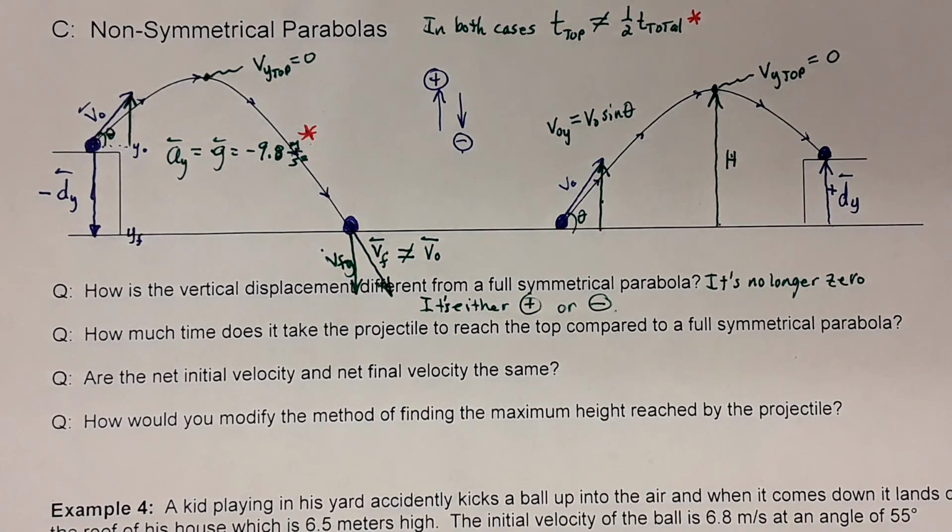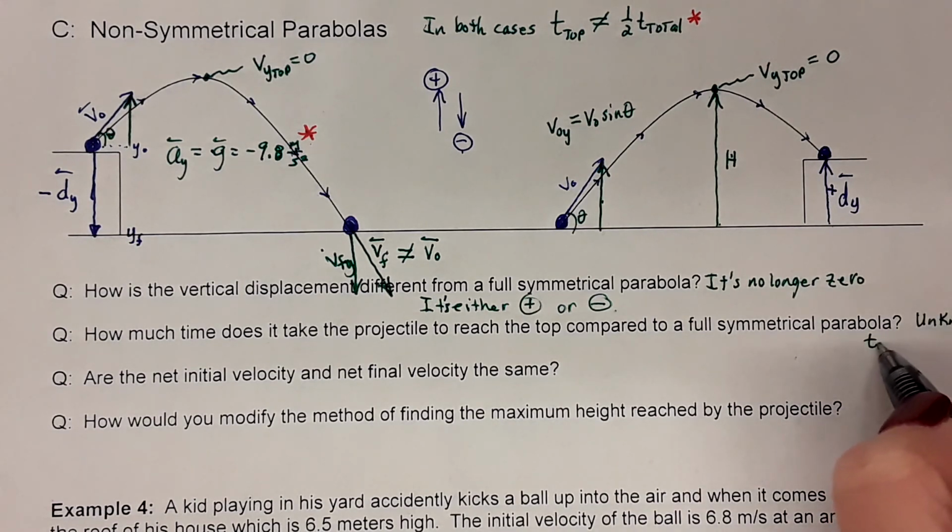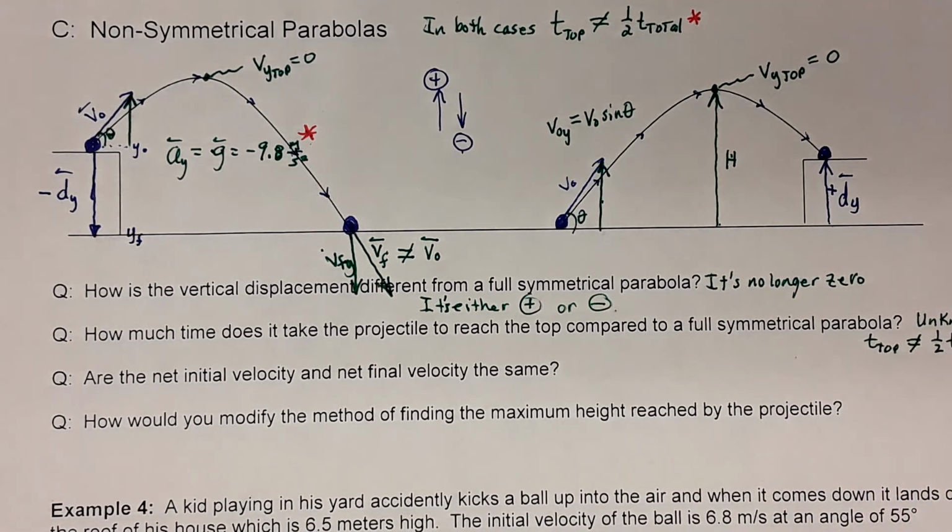Okay? Now, next question. How much time does it take to get to the top? All right. Unknown at the moment, because the time to the top does not equal half the total time anymore. Now, there are ways that we could find the time it takes to get to the top, like using the definition of acceleration.